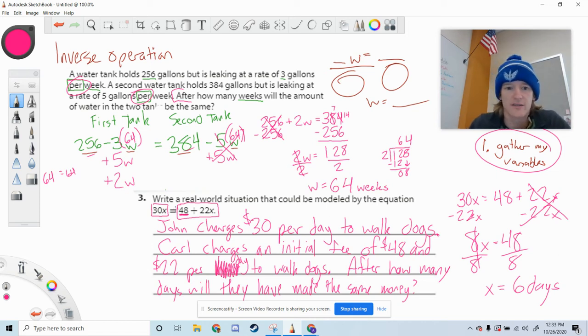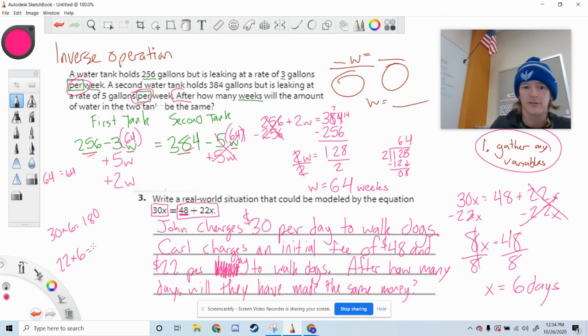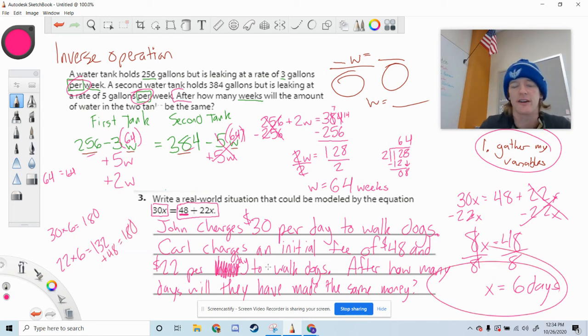So in 6 days, they're both going to make the same amount of money, because 30 times 6 is 180. 22 times 6 equals 132. And 132 plus 48 equals 180. That is when they're equal to each other, when x equals 6.